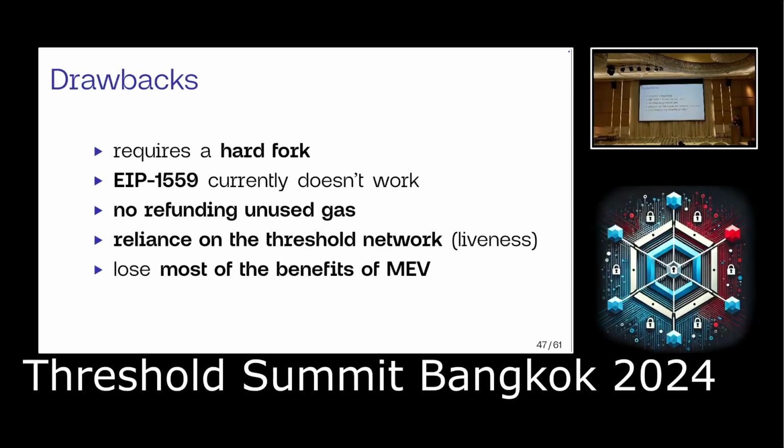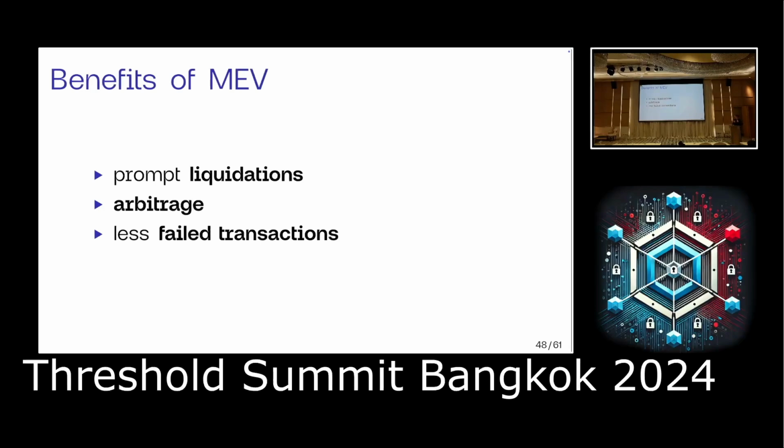And you might say, this is strange, are there benefits to having MEV? Well, yes, because when you have someone who looks at the block and simulates transactions to extract profit, what they will do is they will liquidate people on lending protocols very promptly because it's profitable. They will also arbitrage pools, which is better for having accurate prices.